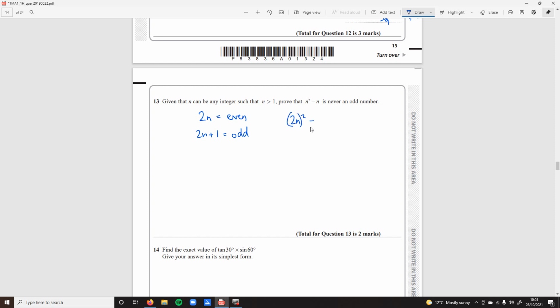2n squared minus 2n equals 4n squared minus 2n, which equals 2n lots of 2n minus 1, and 2n, so it would be even times an odd, which is always even.